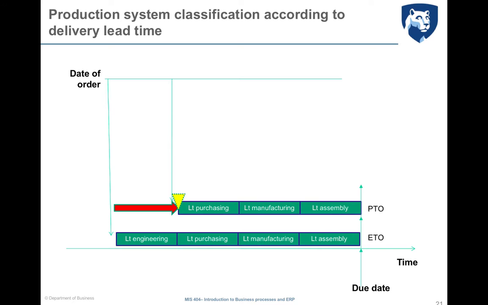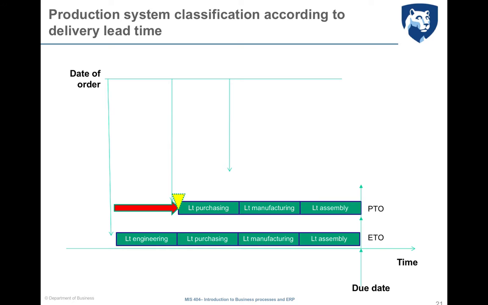Going on, there are cases instead in which also purchasing needs to be managed on a forecast basis, because the date in which the customer puts the order doesn't allow the company to execute purchasing after this order.